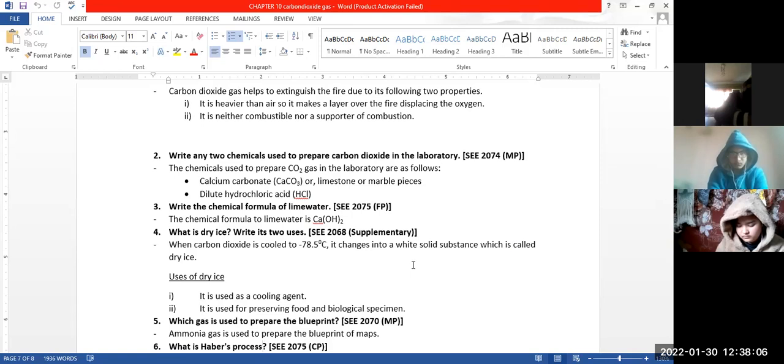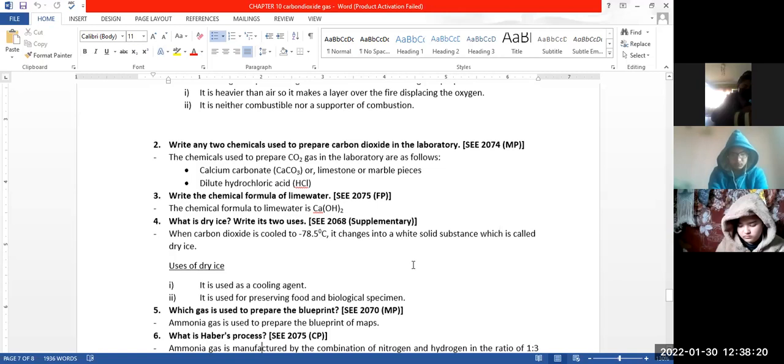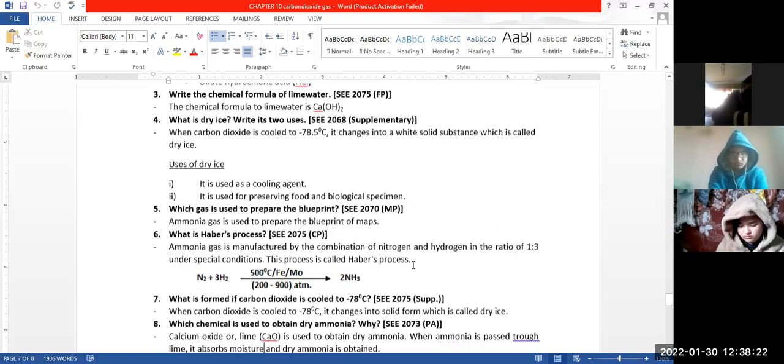Next question is, which gas is used to prepare a blueprint of a map? Ammonia is used. We studied ammonia also. After doing revision, it will be much easier to understand that. And other questions are from ammonia.